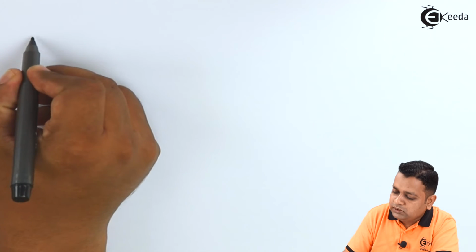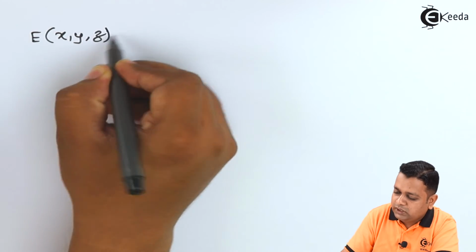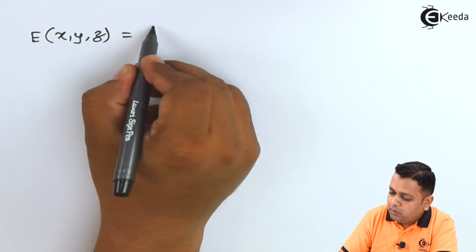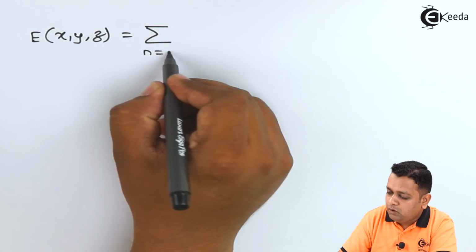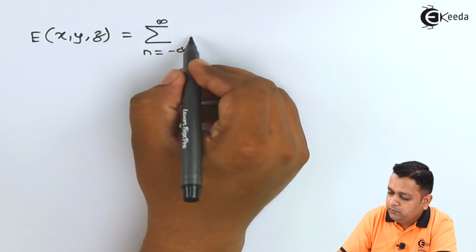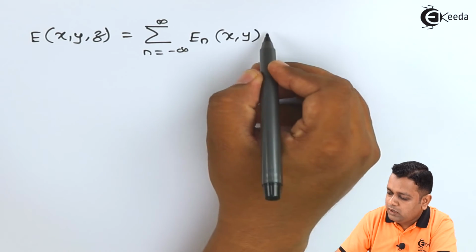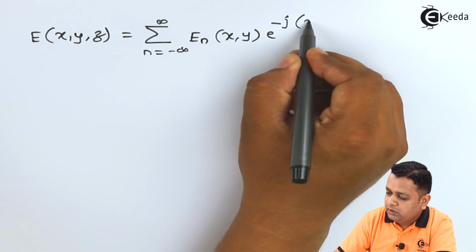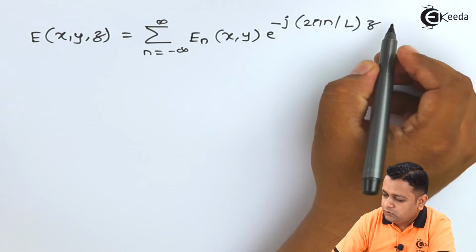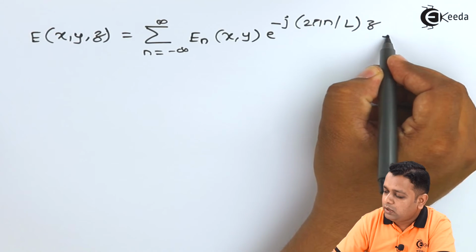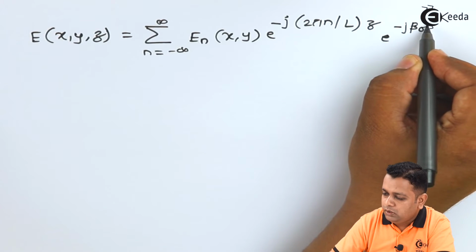So by the next equation, we denote capital E as a function of x, y, z in terms of Fourier series by the summation operation having the index term n ranging from minus infinity to infinity for capital E suffix n in bracket x, y into e to the power minus j in bracket 2 pi n divided by capital L into z, into another exponent e to the power minus j beta 0 into z.